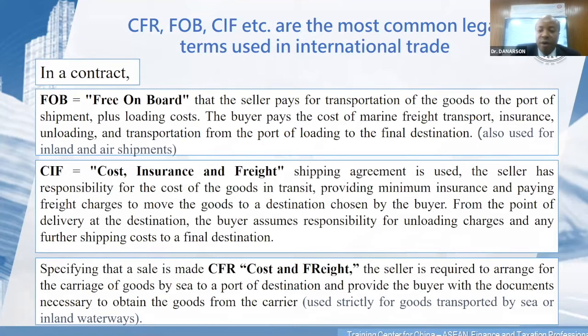The seller is required to arrange for carriage of goods by sea to a port of destination and provide the buyer with the documents necessary to obtain the goods from the carrier. So that is the one that is cost and freight. If you compare that with CIF, what is missing? The insurance.